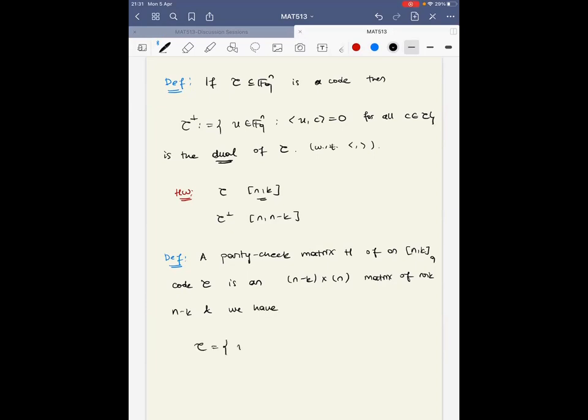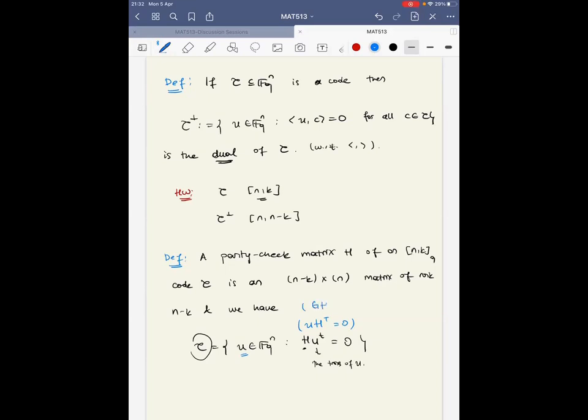Equivalently, we can describe the linear code as containing codewords u such that the multiplication of the given matrix H and the transpose of u is zero, or equivalently from linear algebra, vectors whose multiplication with H transpose is 0.